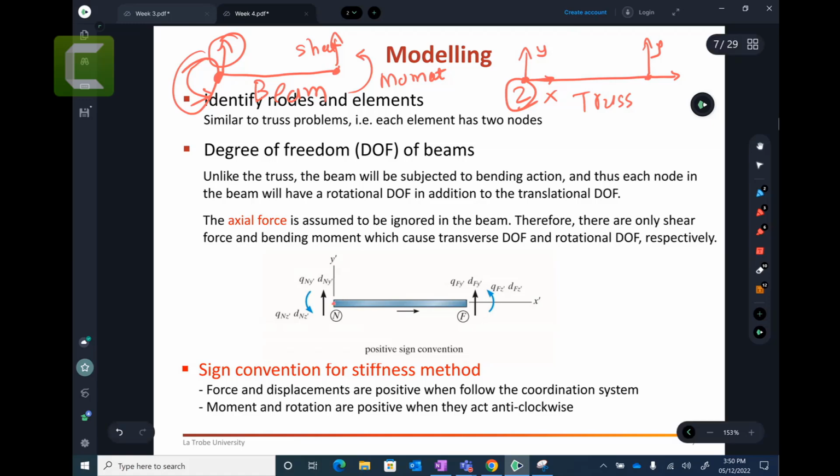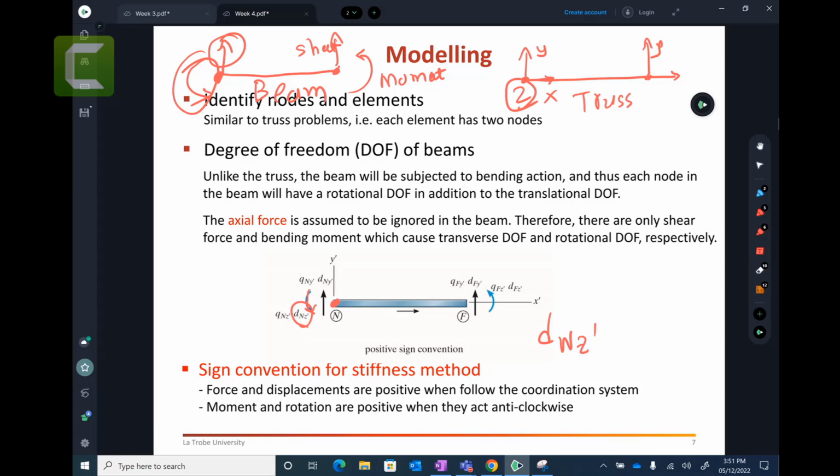Then you have this point I'm talking about, it can rotate. Now, this rotation is about the z axis. If I have this x axis going this way, y axis this way, the z axis is coming out of my screen. That is the z axis, and that's the rotation that is created. Again, rotation is one kind of displacement, one kind of degree of freedom, at the near node, about the z axis in the local coordinate system.